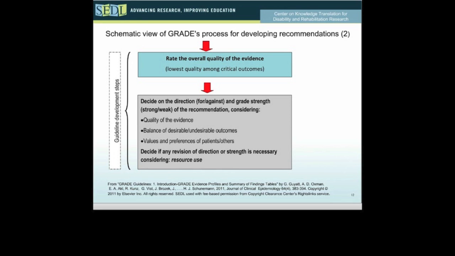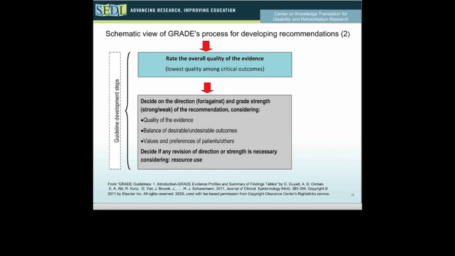And lastly, once you have made up the overall quality of the evidence rating, you go to the last box where you decide on the direction of your recommendation. Are you going to recommend in favor of or against a particular intervention?